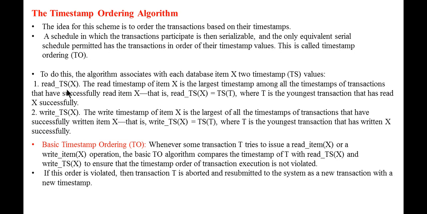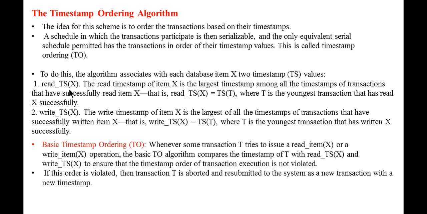Many transactions might have read the value of X. Out of all these transactions, you have to find the one with the highest timestamp value, which means the youngest transaction. So the timestamp of the youngest transaction which has successfully read the value of X is called the read timestamp of X.